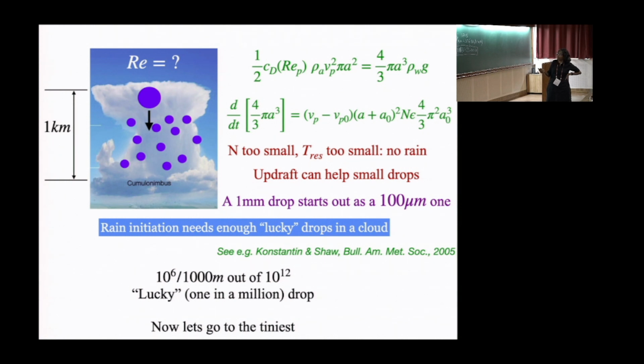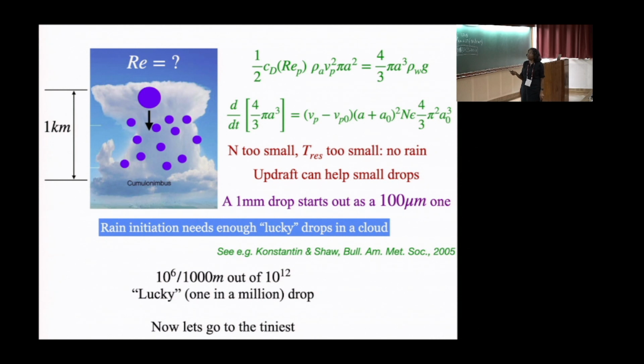So based on the drag and based on the terminal velocity Vp of the big particle and Vp zero of the smaller particles, we can write how the big particle grows, how many it collides with. That depends on the number density, and on the collision efficiency, how many collisions result in bigger droplet growth. This we can take to be about 10%.